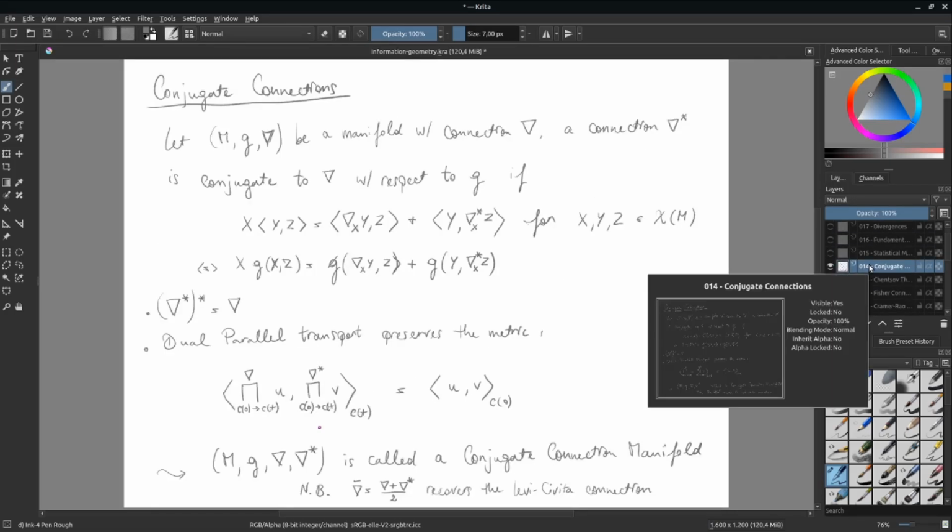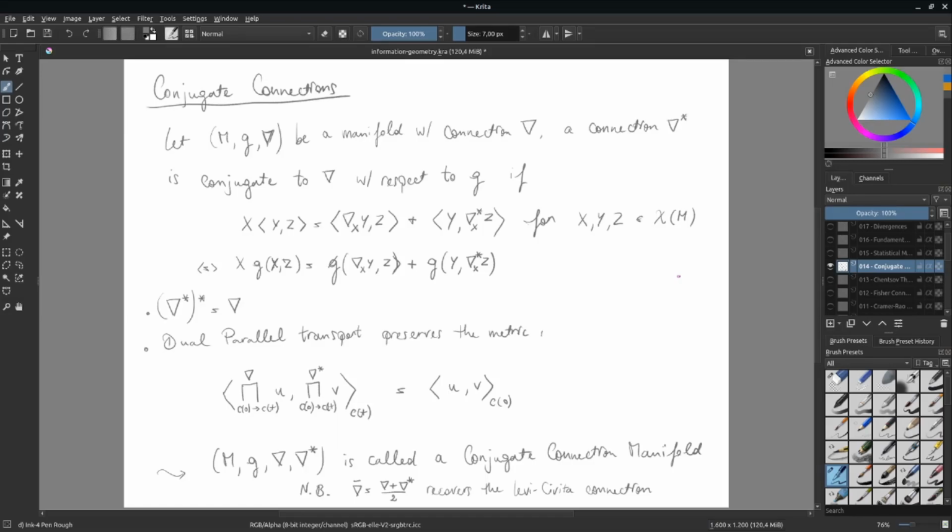Okay, so that's for the Fisher metric, but maybe we'd like to be able to play with other kinds of connections. A first step to generalize that is, instead of having only the Levi-Civita connection, we'd like to have a different connection, but still one that plays well with the metric.